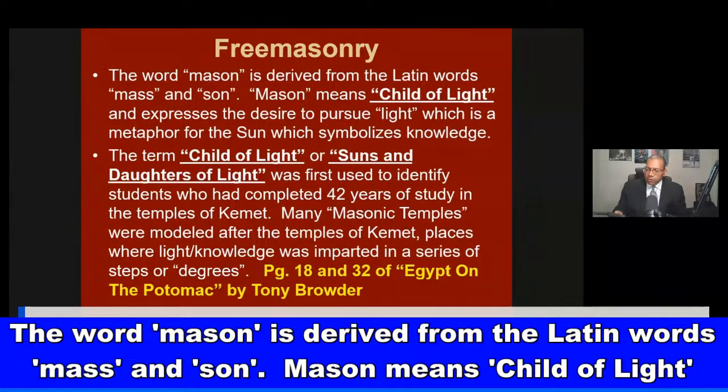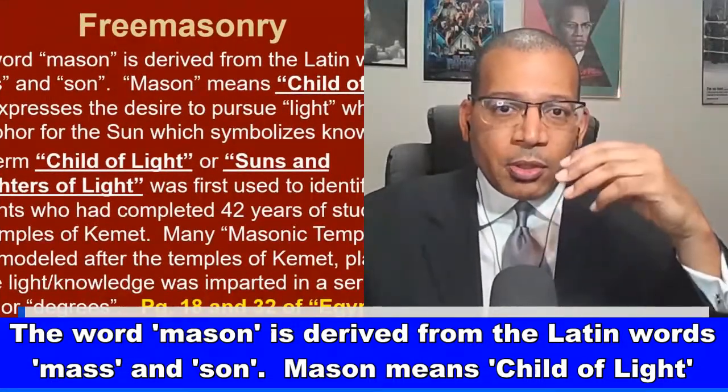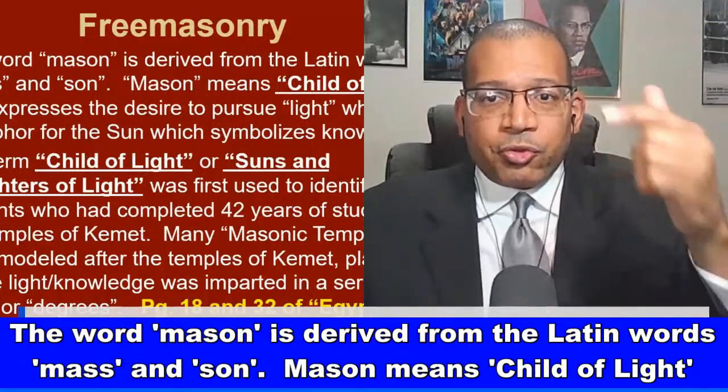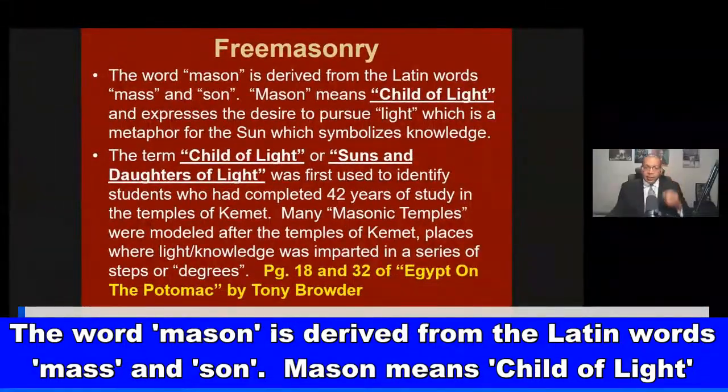And George G.M. James talks about this in the book Stolen Legacy. And he talks about the 7 liberal arts and the concept of getting your credentials at an institution of higher learning in a series of steps, in a series of degrees: associate's degree, bachelor's degree, master's degree, PhD. That comes out of the Nile Valley region of Africa also.